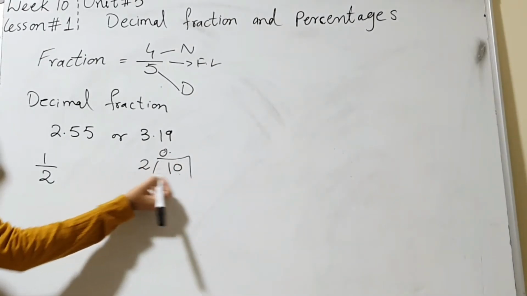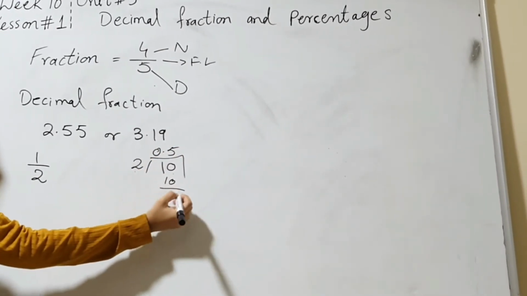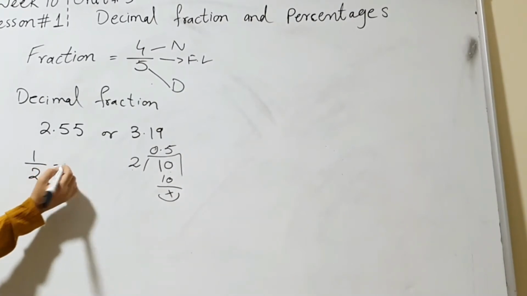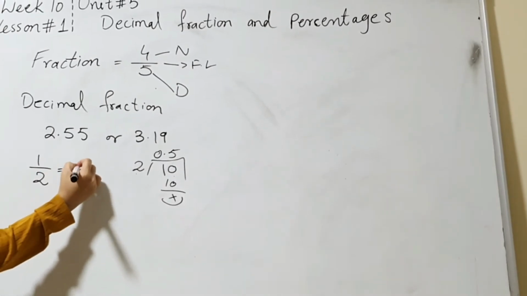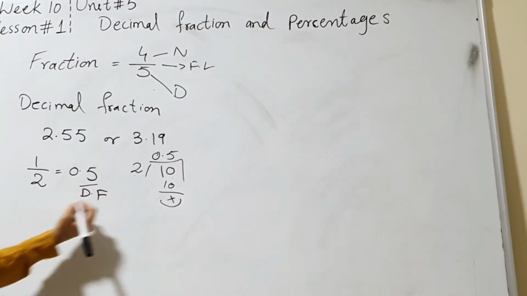Now the 10 is divisible by 2, so 2 5s are 10. So see, that's how you will change a fraction into decimal fraction. That is called the decimal fraction.